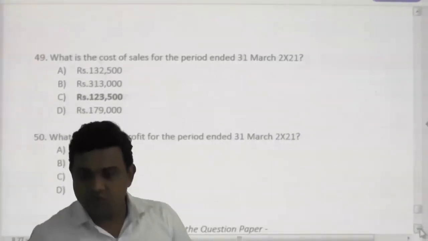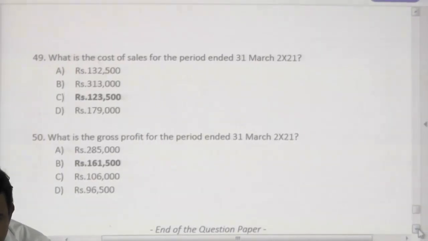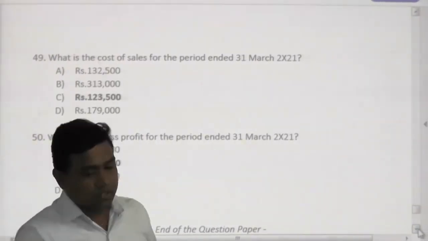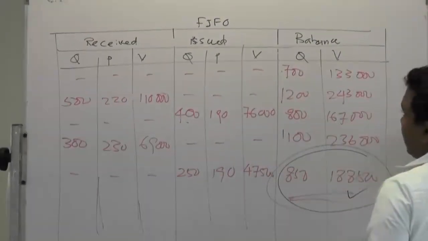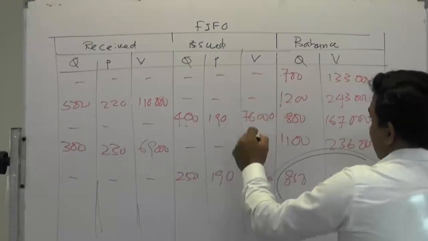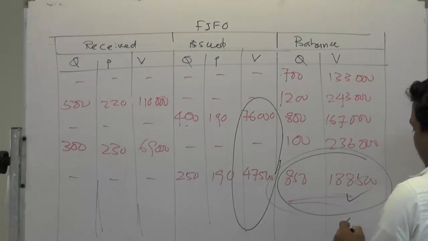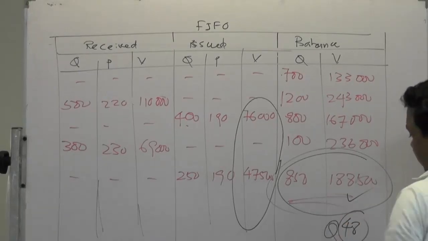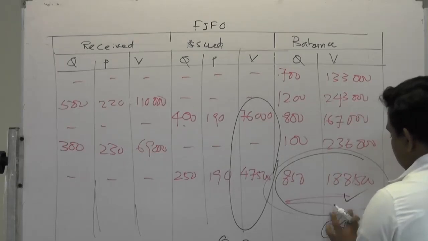Now question 49. What is the cost of sales for the period? Cost of sale for the period means the cost of the items issued. This is for question 48, this is for question 49, right?